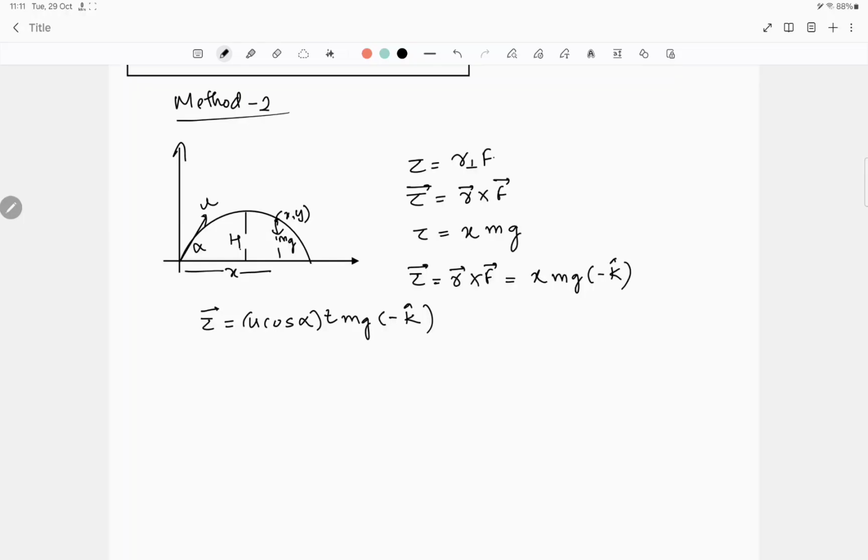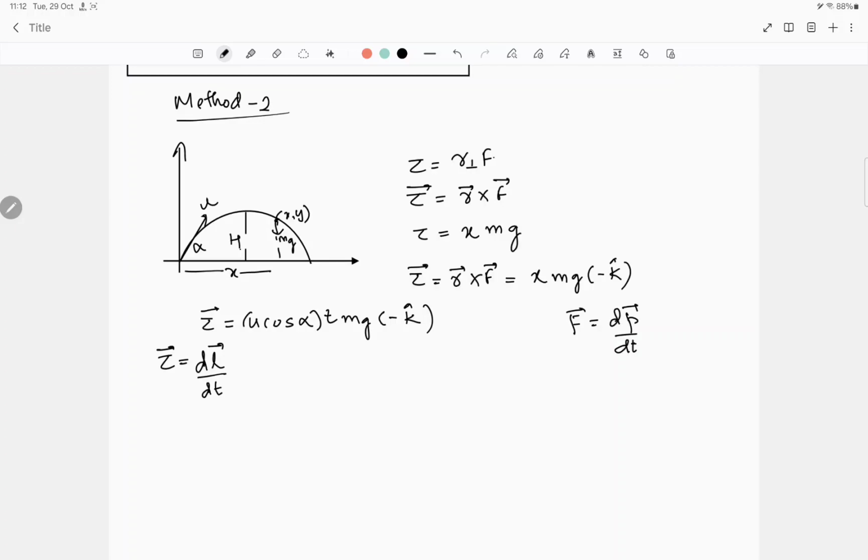Okay, now we again know that torque is defined as the rate of change of momentum. As in Newtonian mechanics, force is defined as the rate of change of momentum.